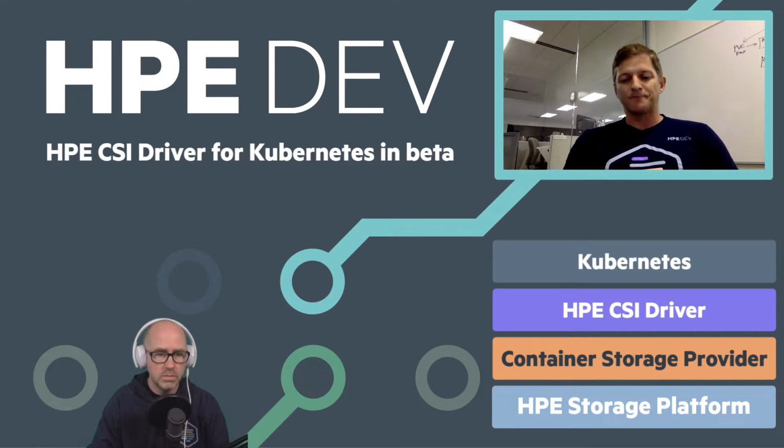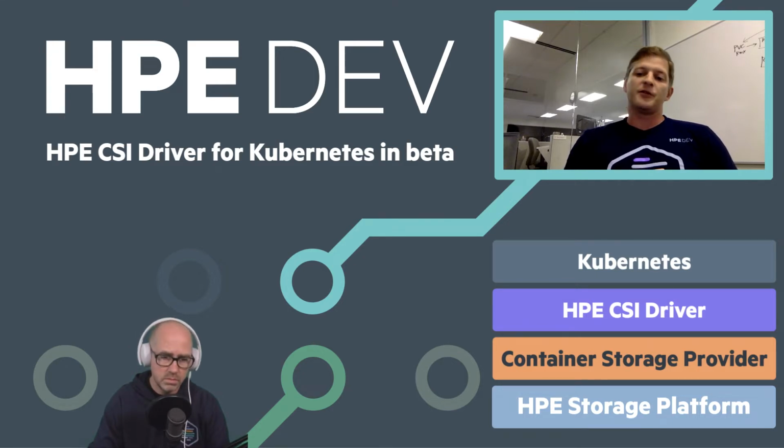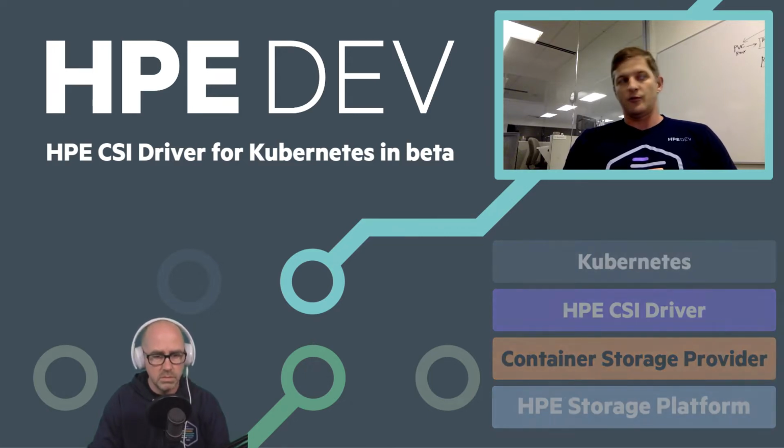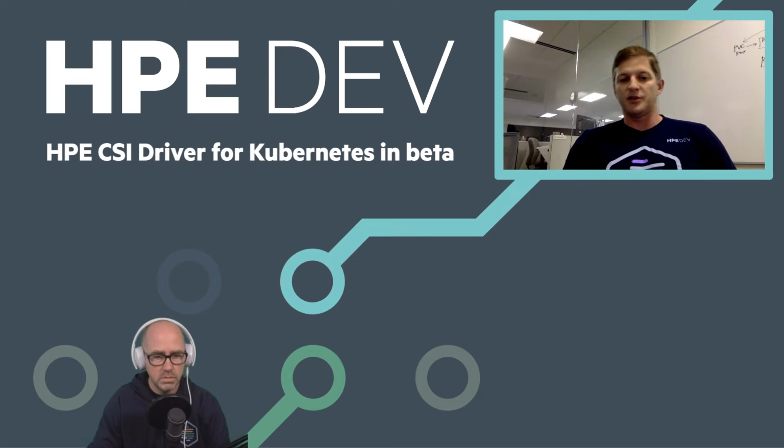And so what we've done is first bring parity with all of the features that we've had before. So things like performance policies, QoS limits that you might configure on a volume can be configured through the CSI driver as well. You just define it in your storage class, pass that down through, and the CSI driver will pass it through to the CSP implementation.